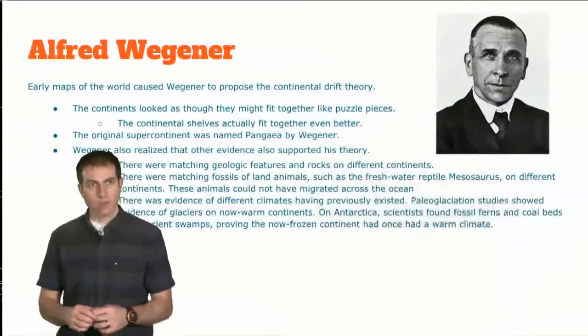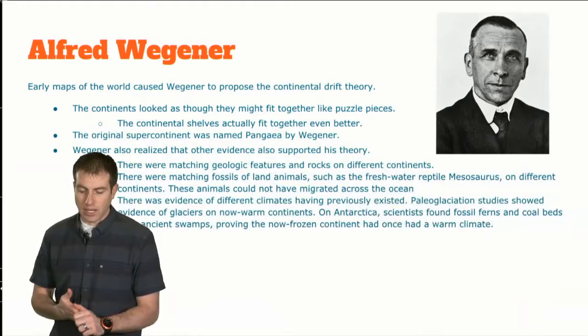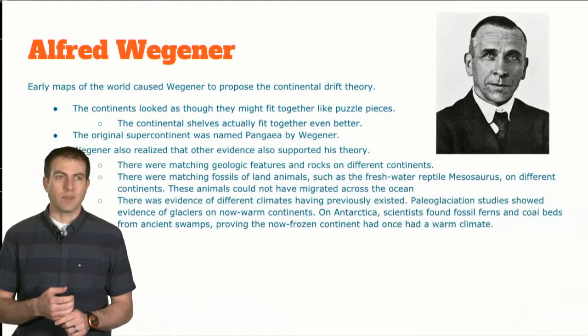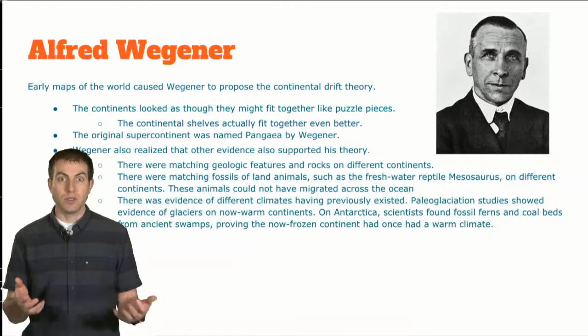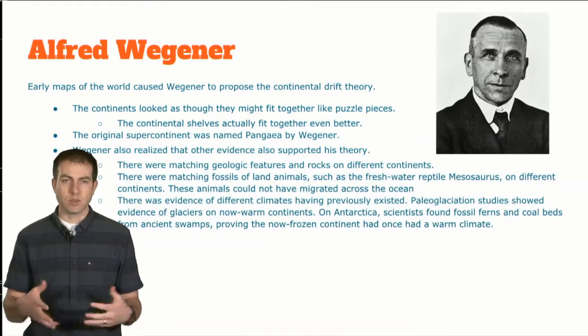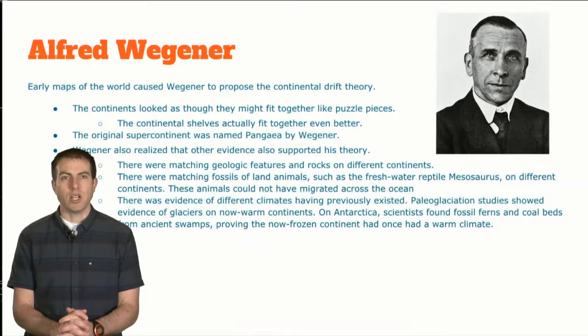So the first person we're going to talk about is Alfred Wegener. Now, normally when we are dealing in science, there's lots of really important scientists that have ideas, and we talk about their ideas. But generally speaking, you're not required to know who they are, what they thought, or what they discovered.